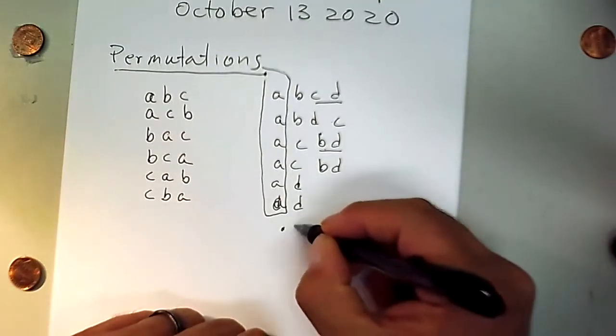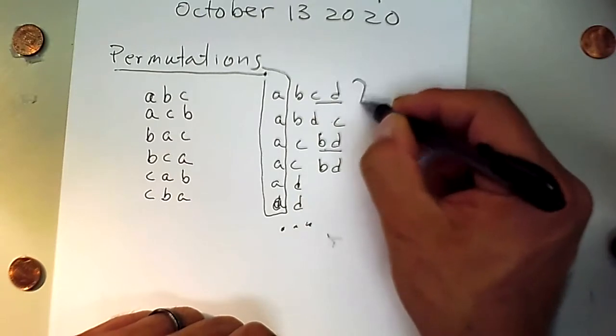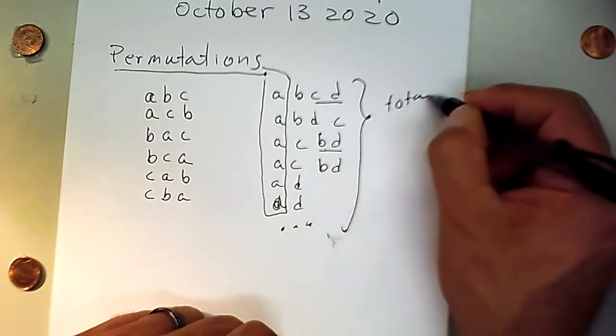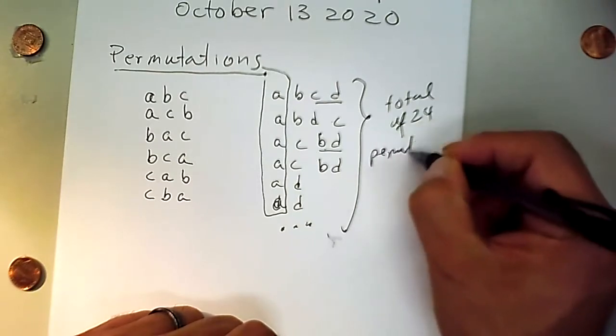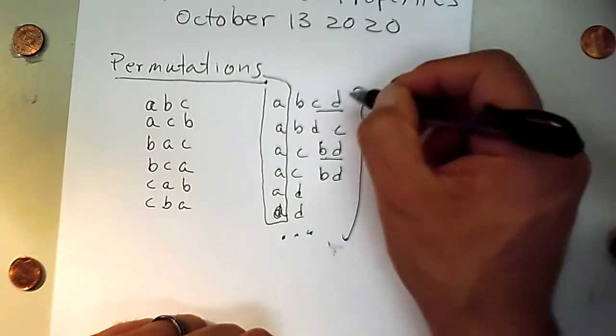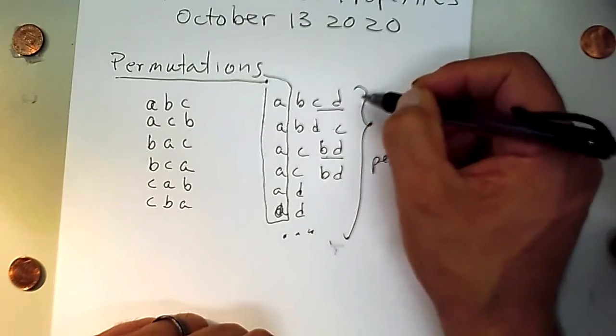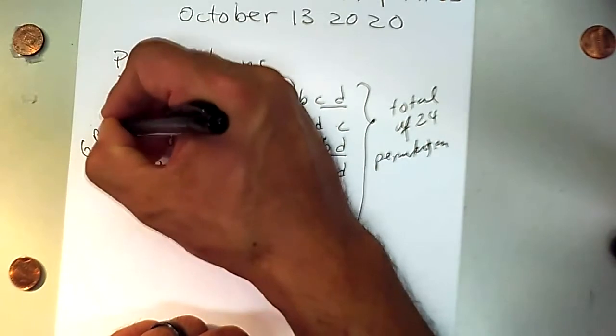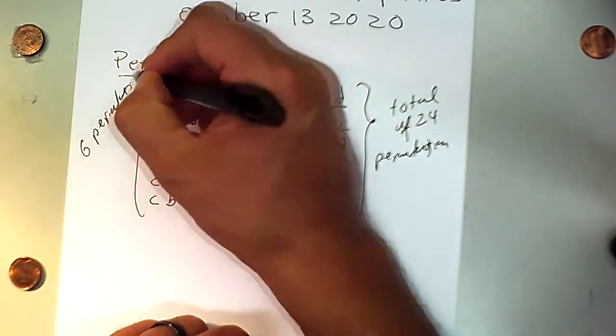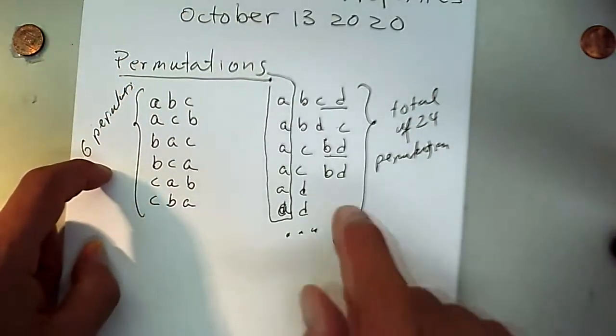There's more that I'm not going to write down, but there's a total of 24 permutations. Now we count the original one as one of them. So here there are six permutations.